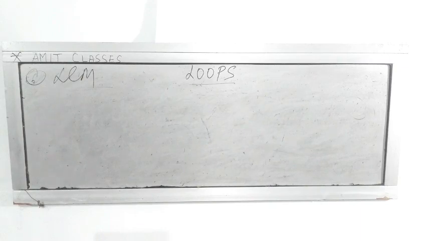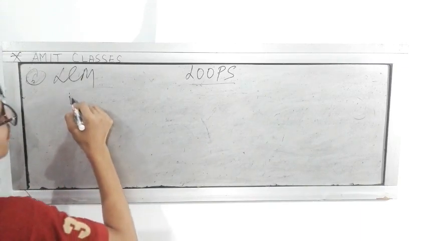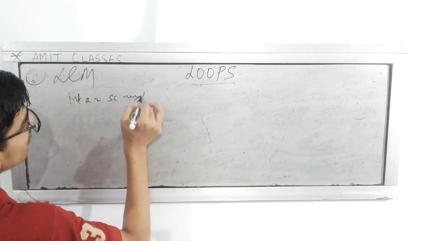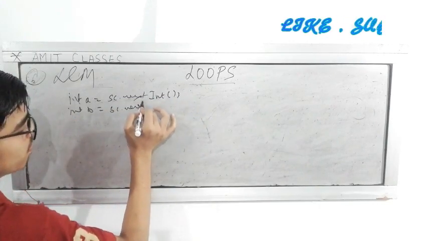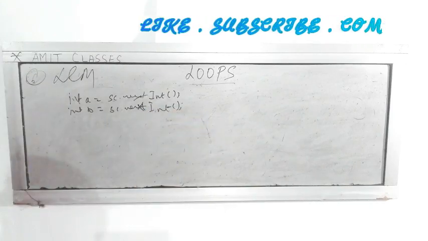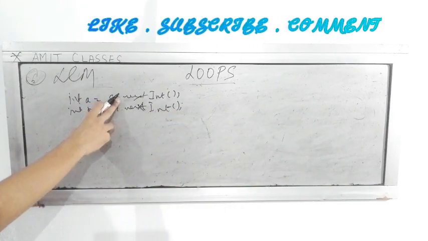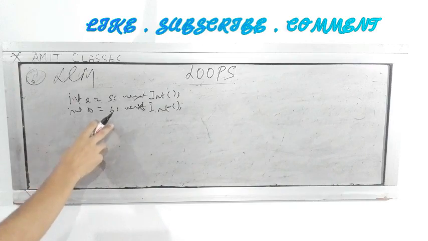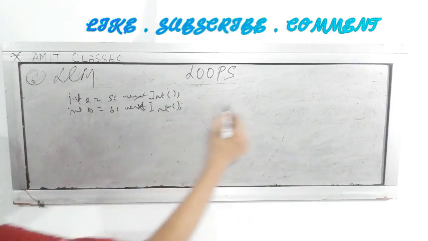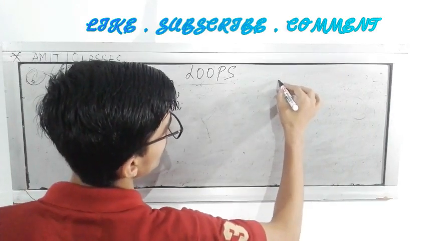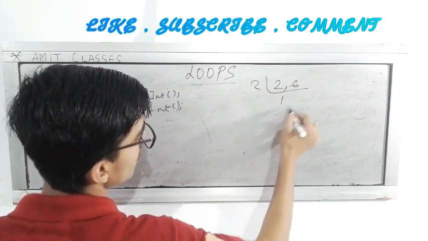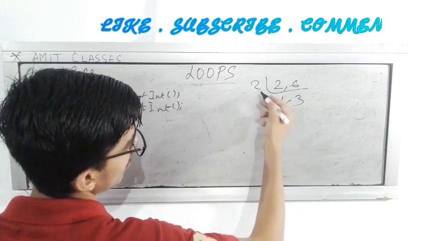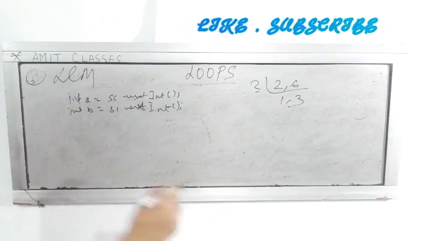So now we will take input, A here and B here. If we take the LCM of 2 and 6, it is 6.